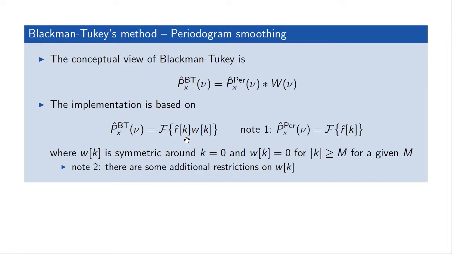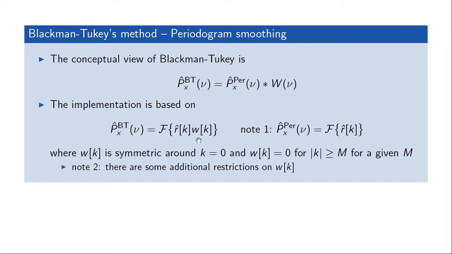And it makes sense a priori to window the autocorrelation function estimate, since we know that the estimate is less reliable for larger time lags, since it's based on an average with not as many terms for larger time lags. So by weighing down values of the autocorrelation estimate for large time lags, it stands to reason that we could improve the estimate, and this is equivalent then to the averaging in the frequency domain, which would reduce the amount of variation in the final estimate.